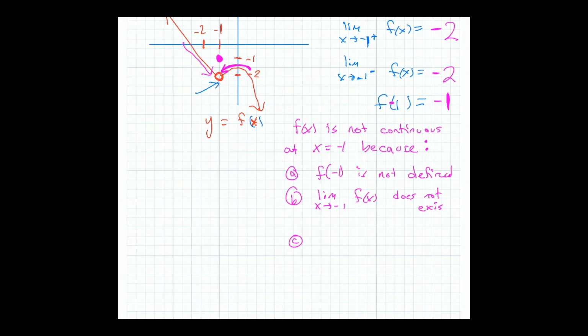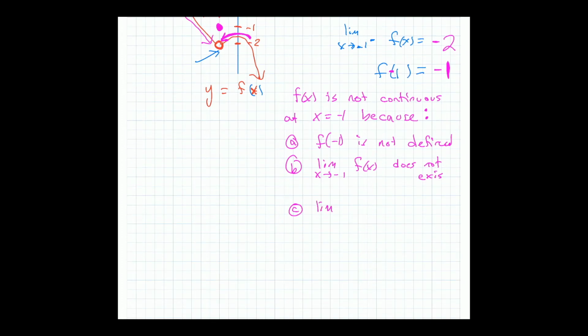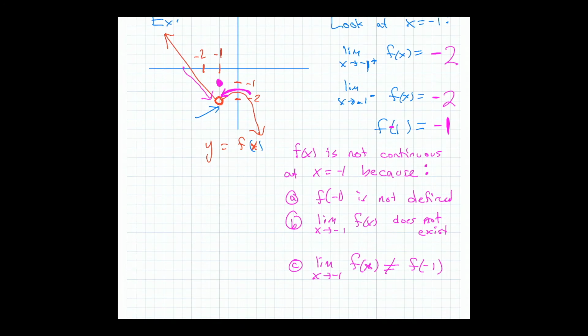Or C: the limit as x approaches -1 of f of x does not equal f of -1. So we've already seen a couple of these options, right? In option A, we would be saying that this value right here failed to exist. But that's not true, right? It exists. It's -1. So that's not it, because it is defined.